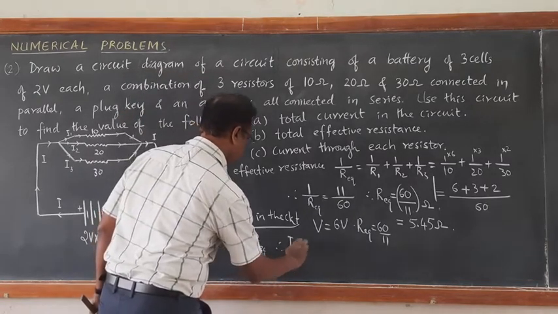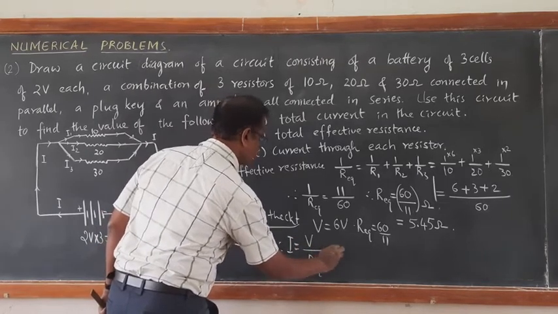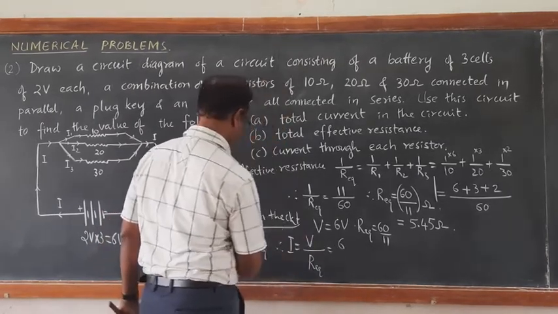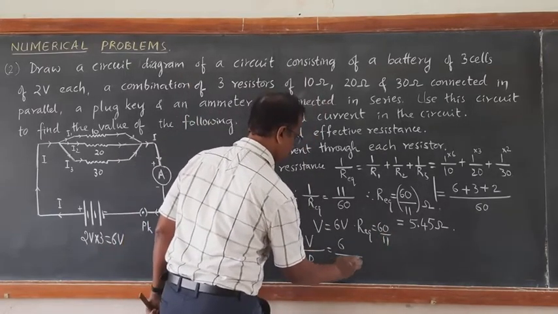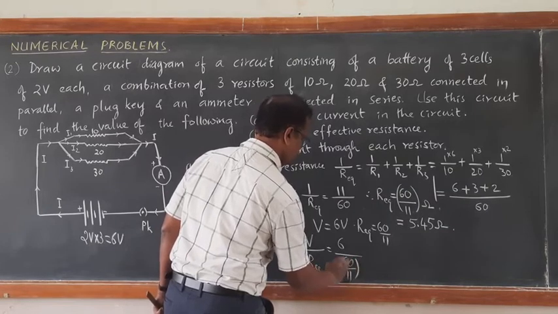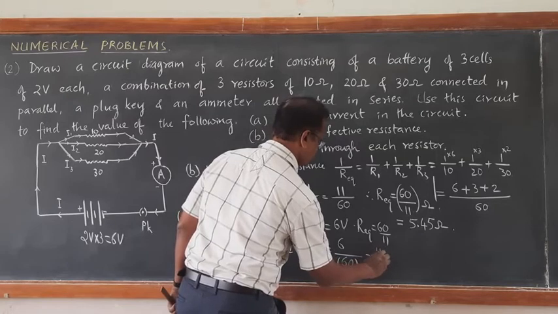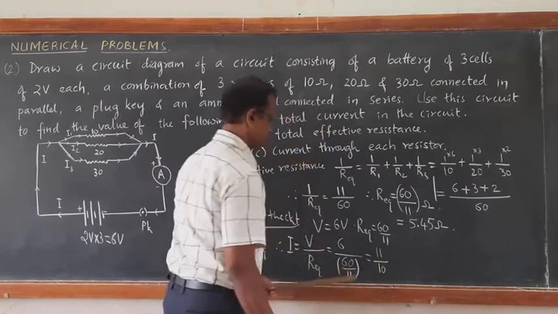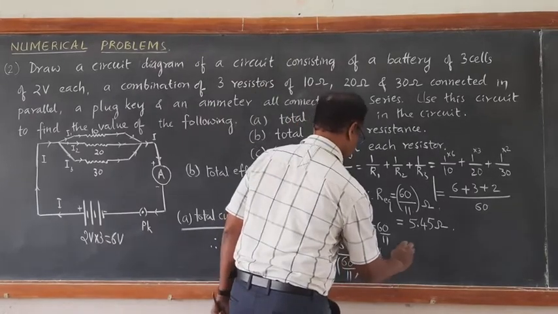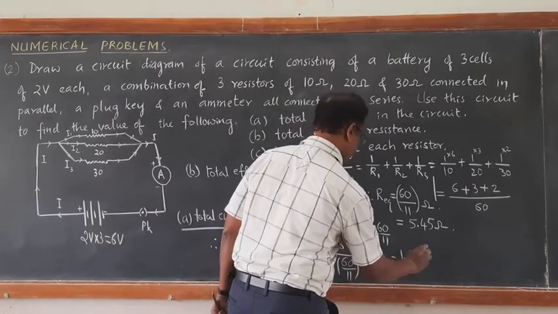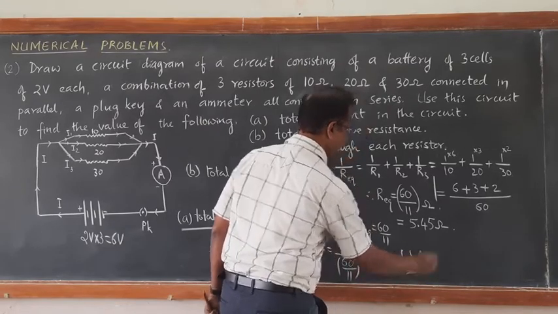Therefore I is equal to V by R equivalent. V is 6 volt, divided by R equivalent, which is 60 by 11. So easy to calculate, it becomes 66 by 60, that is 11 by 10. So that is 1.1 ampere. So total current in the circuit is 1.1 ampere.